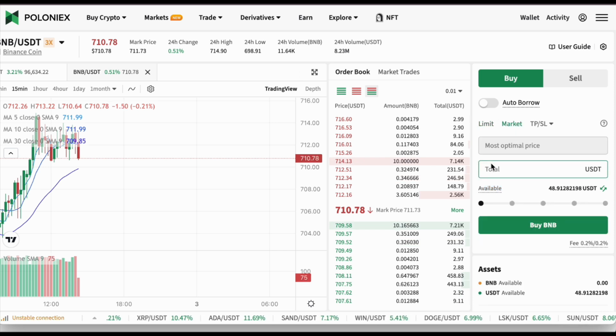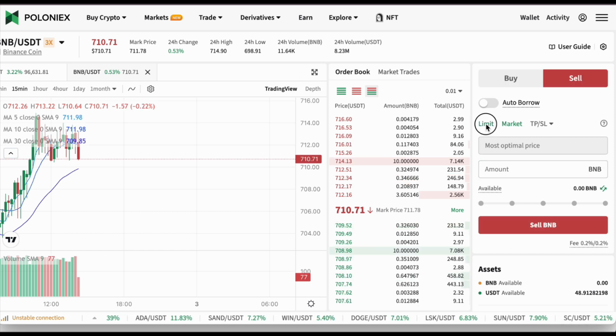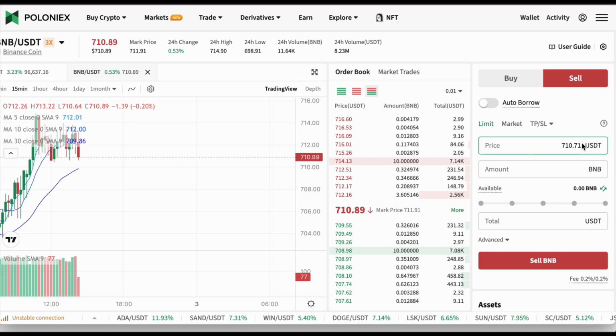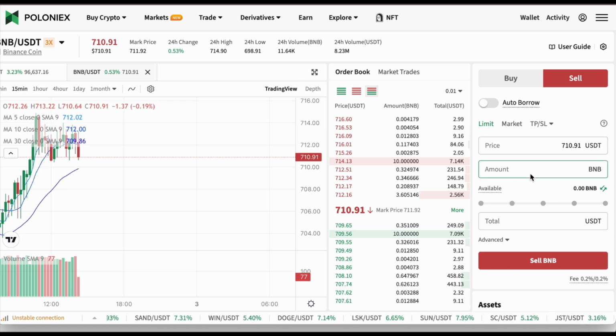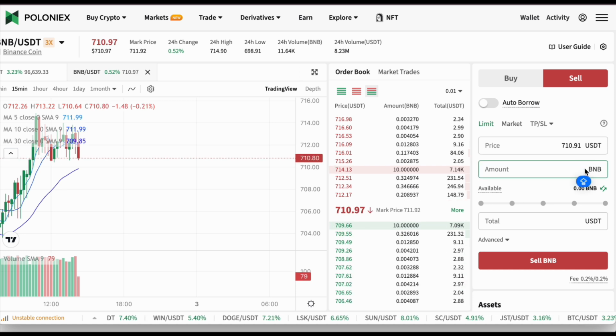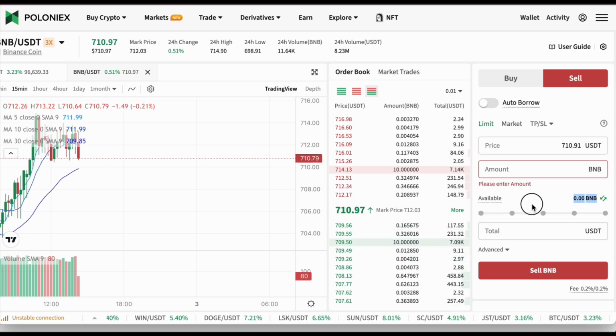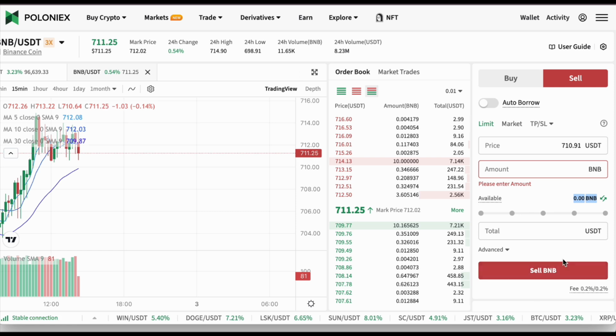With market, you can buy at the current market price, you put the quantity you want to buy here, and then you click buy. When you want to sell, same thing, you can put the price you want to sell at. If it's the current market price, you use market, or you still put the price here and the amount here. This is in BNB, so you don't make a mistake. You can simply use this to move it and then you sell.